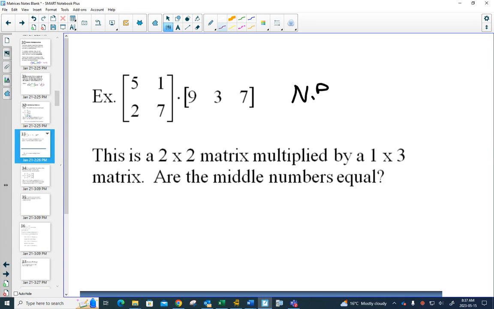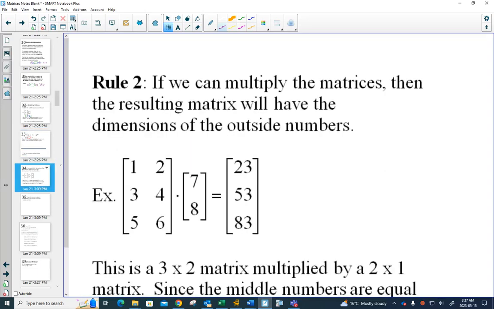This one's not possible because this is a 2 by 2, and this is a 1 by 3, and the middle numbers do not match up. So first you establish if you can multiply them. Once you've established that, then you know the size of your answer.